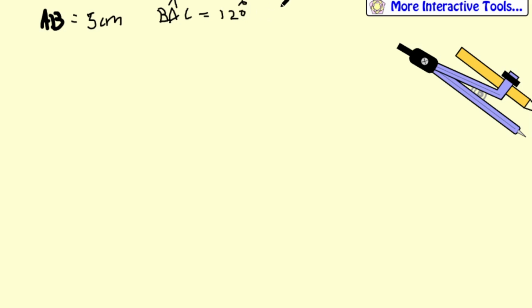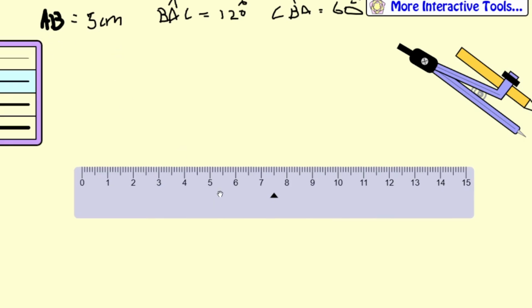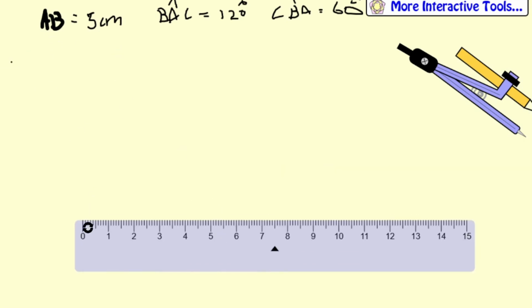And then C, B, A, we're going to do this one as 60. First things first, we need to do the first part, which is AB, 5 centimeters.